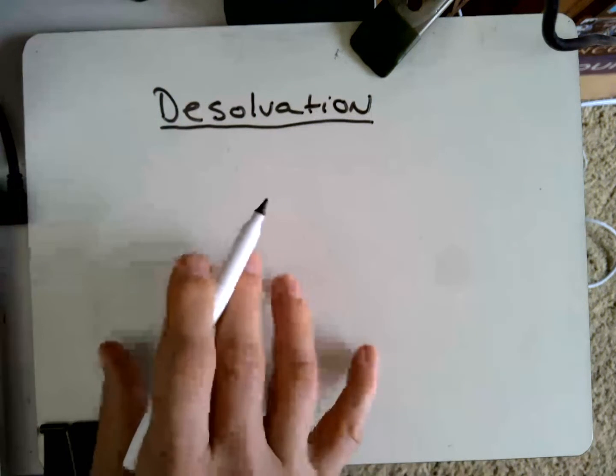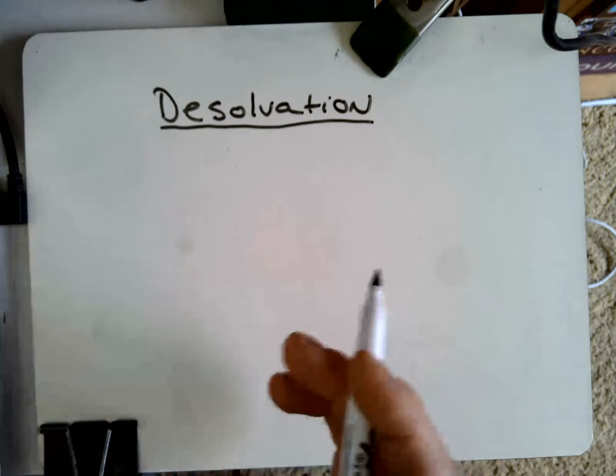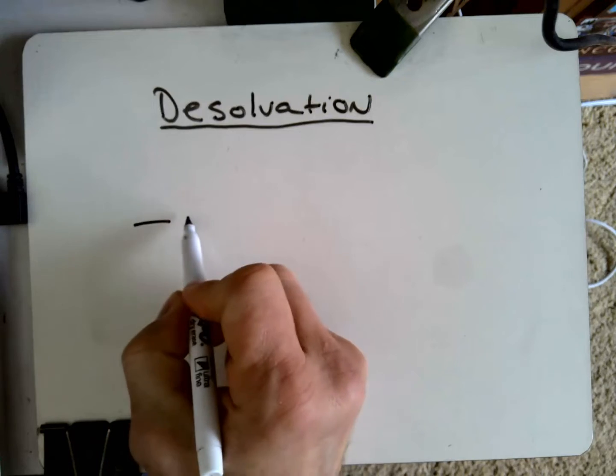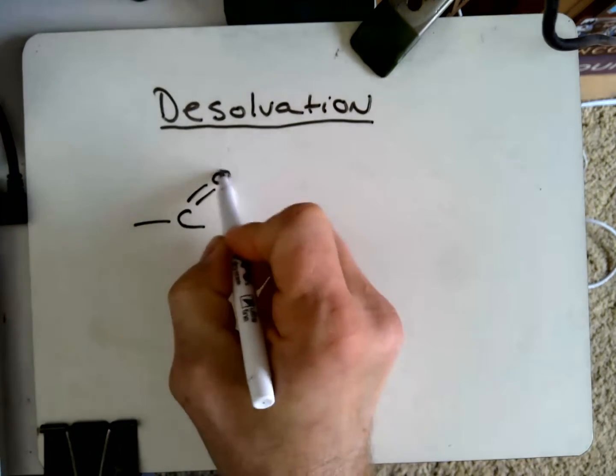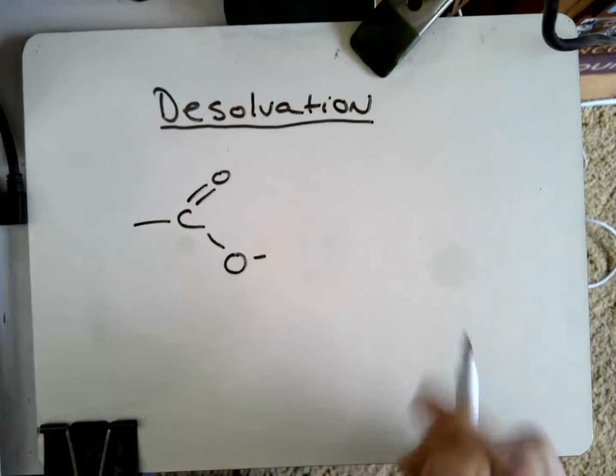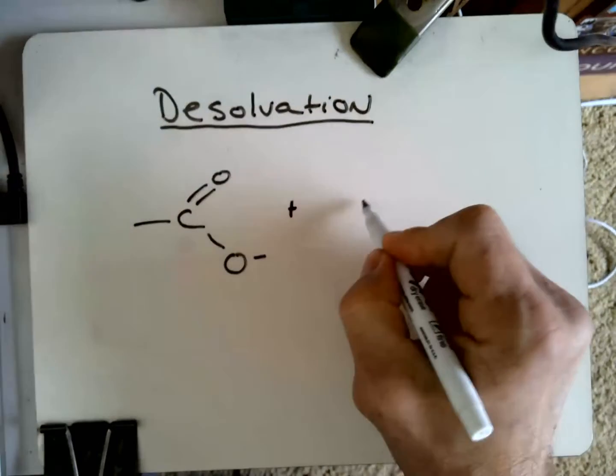So to understand this, we have to look at a protonatable molecule. So let's take a look at a carboxyl group. We have C double bonded to an O, in its deprotonated state, and we have a proton over here.